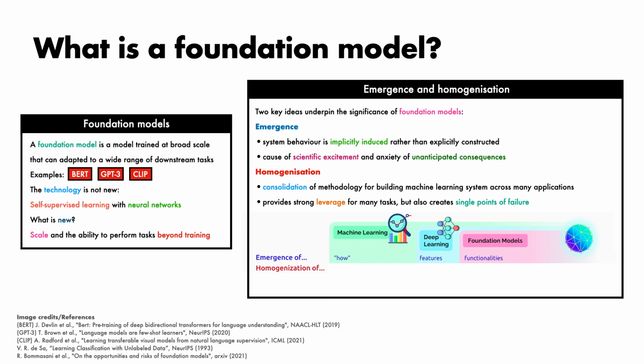With regard to the second concept, machine learning represents a step towards homogenization of learning algorithms, since a single algorithm, such as logistic regression, can power a wide range of applications. In deep learning, rather than designing separate features for each application, the same architecture can be used. With foundation models, the same model can be used for a wide range of tasks.